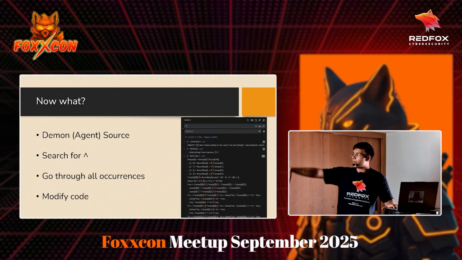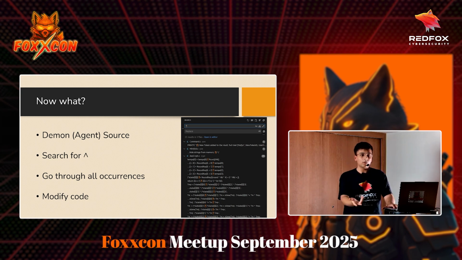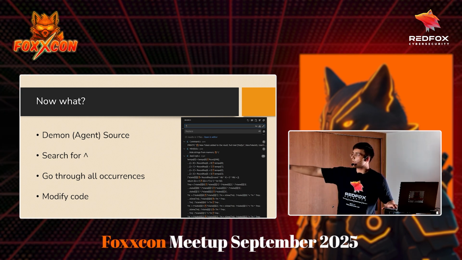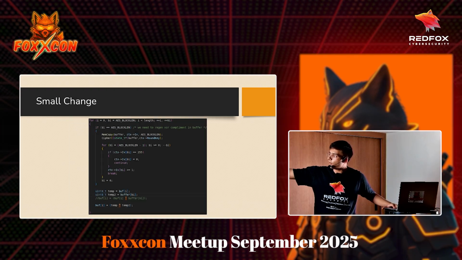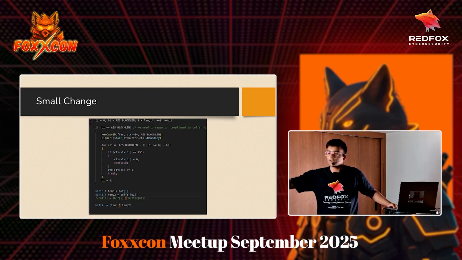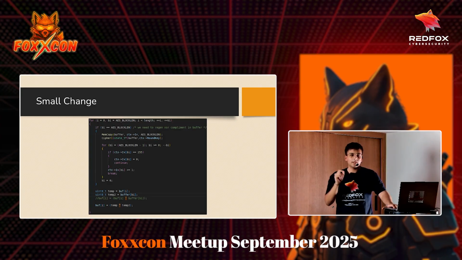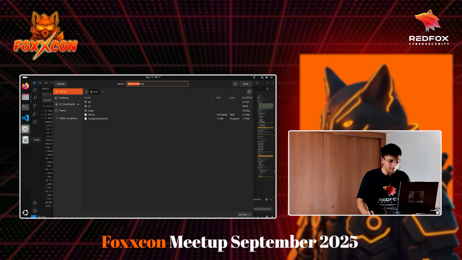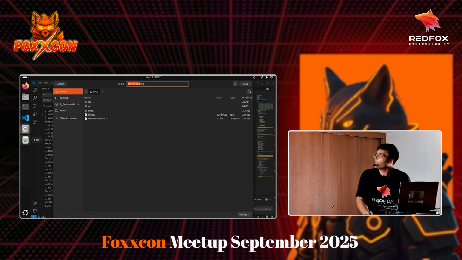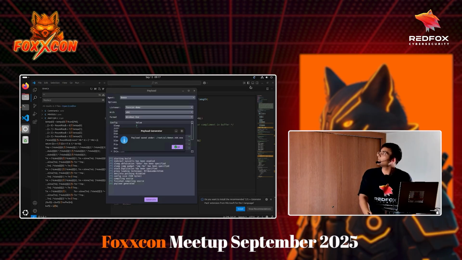We tried to find them. We will know if we found them or not in the daemon source code. And we modified this piece of code just a little bit so that it is a teeny tiny bit different, right? Now let's see what actually happens when we put this through ThreatCheck again.